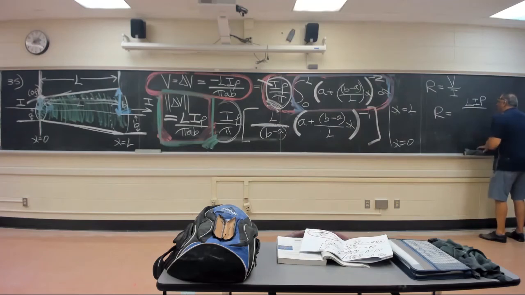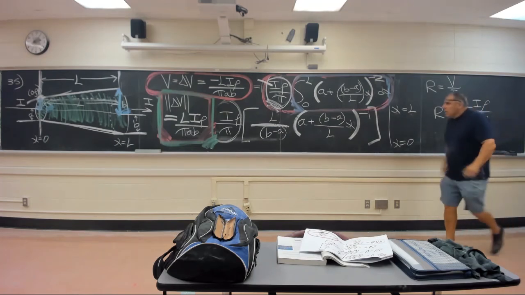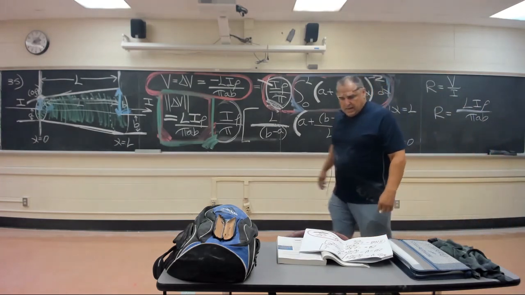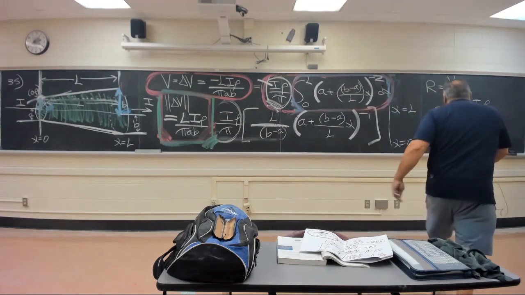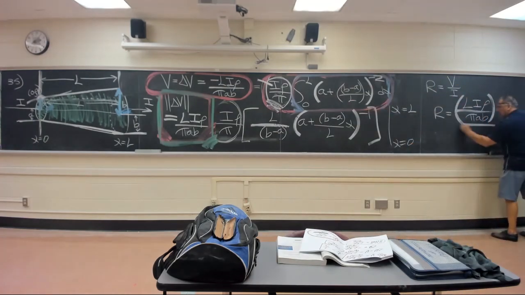Li rho over pi AB, that's the voltage, you got it, divided by I. That's it.